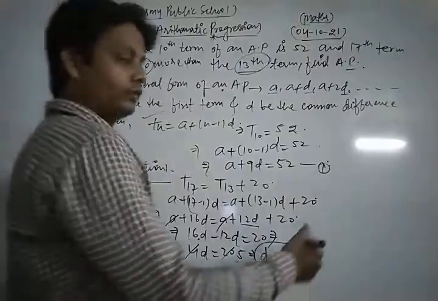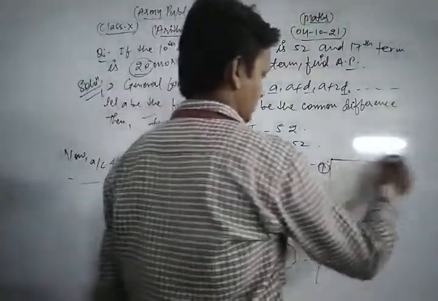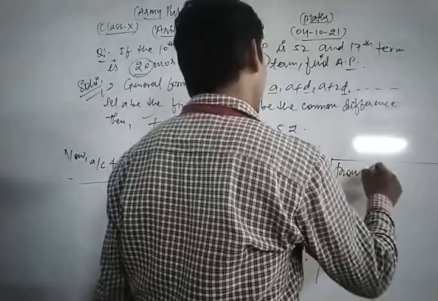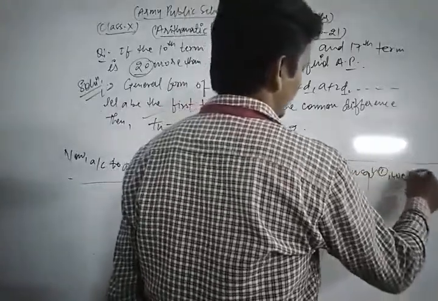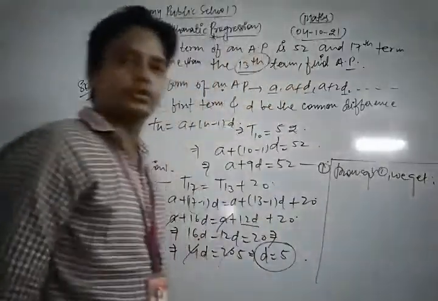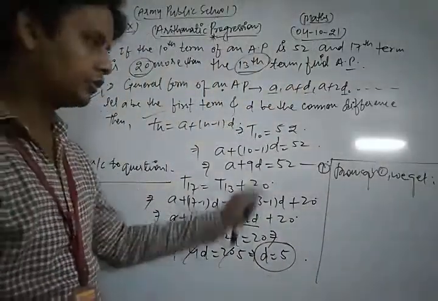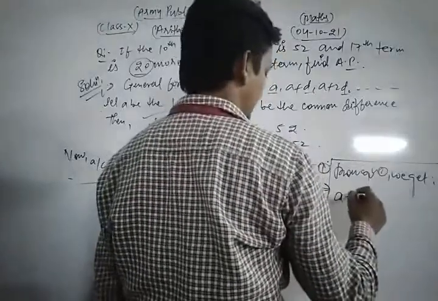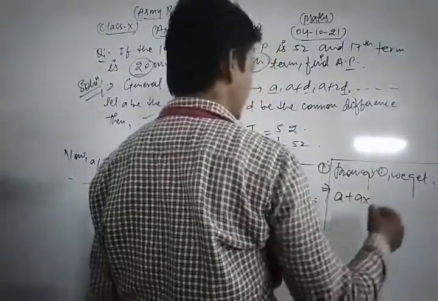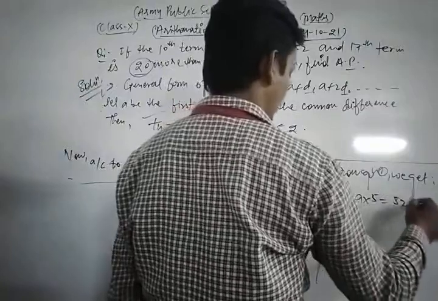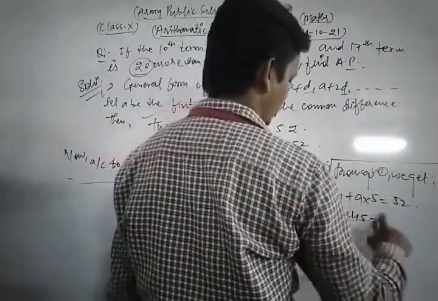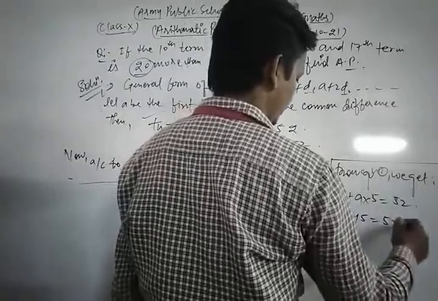Now from equation 1, we put the value of d in equation 1. So here a plus 9 into the value of d, which is 5, is equal to 52. So we get a plus 45 is equal to 52.